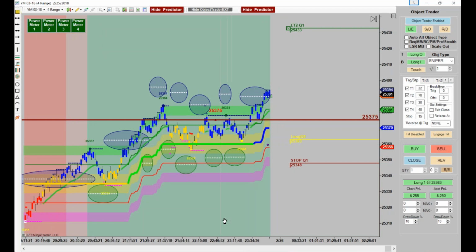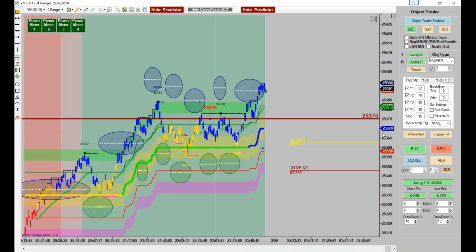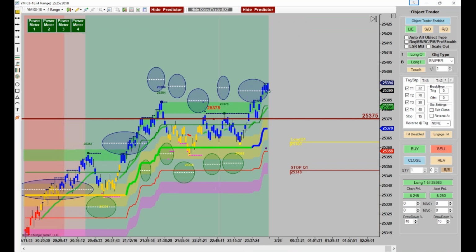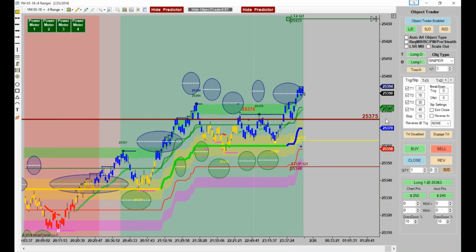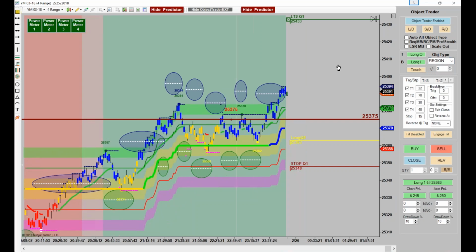Now, if I wanted to add, let's say, for instance, that you get up at 12 o'clock at night. Okay. It's time to do a little trade. Well, what you can do if you want to is box this little area in right here. Let's just go ahead and box it. Insert.